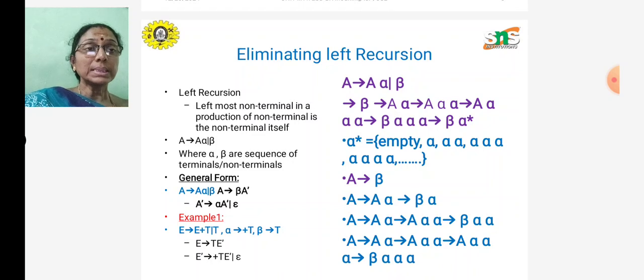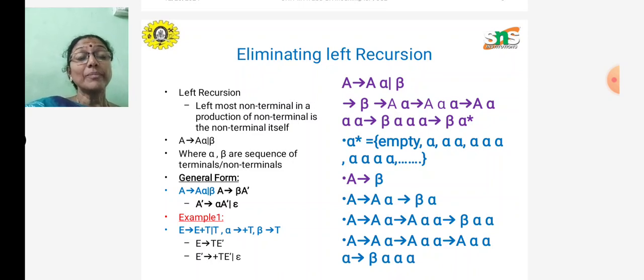Suppose we have to construct a top-down parser. First we have to check whether our grammar is ambiguous. An ambiguous grammar is one where, for a given input string, we can derive more than one parse tree using a single grammar. That has to be eliminated.